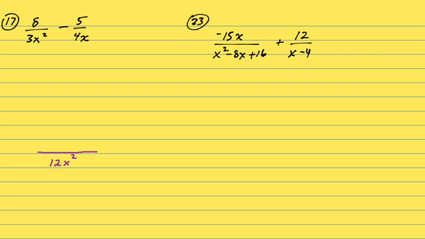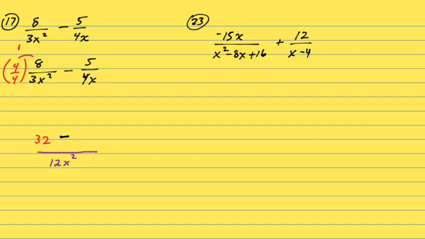Let's see. I have an 8 over 3x squared. I have a 5 over 4x. There is a minus here. How can I turn 3x squared into 12x squared? Multiply by 4. But I can't multiply by 4 because it changes the value, so I multiply by 4 over 4. And what does that make this? 32.